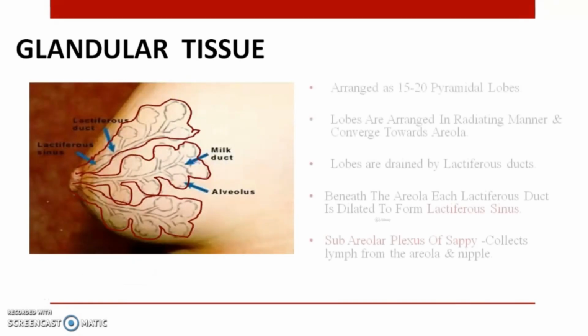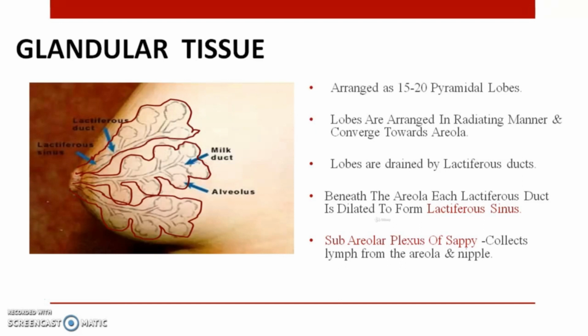The glandular tissue is arranged as 15 to 20 pyramidal lobes, arranged in rows, in a radiating manner, and they all converge towards the areola.